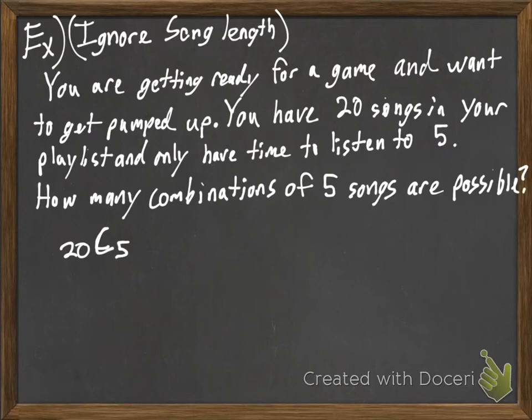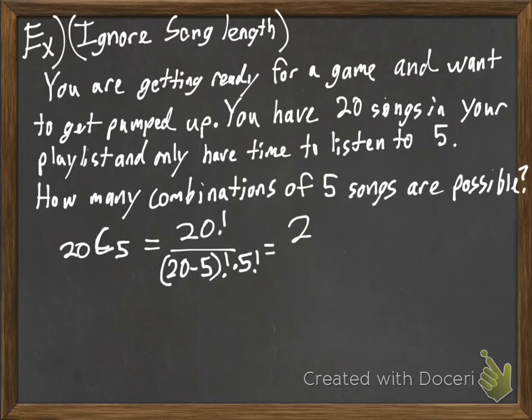So it's 5 songs. We put this into our formula of 20 factorial divided by 20 minus 5 factorial times 5 factorial, which equals 20 factorial divided by 15 factorial times 5 factorial.